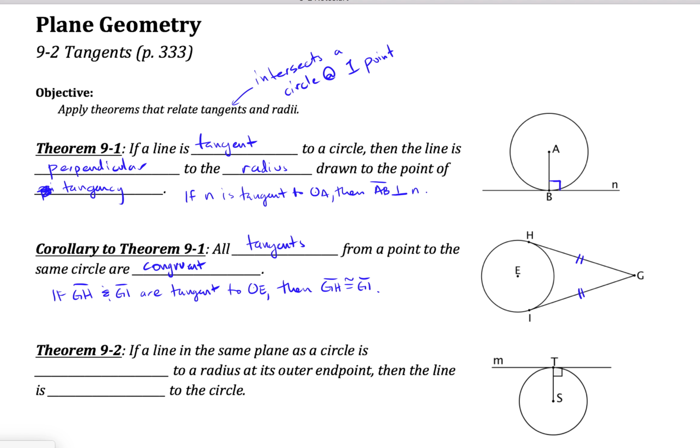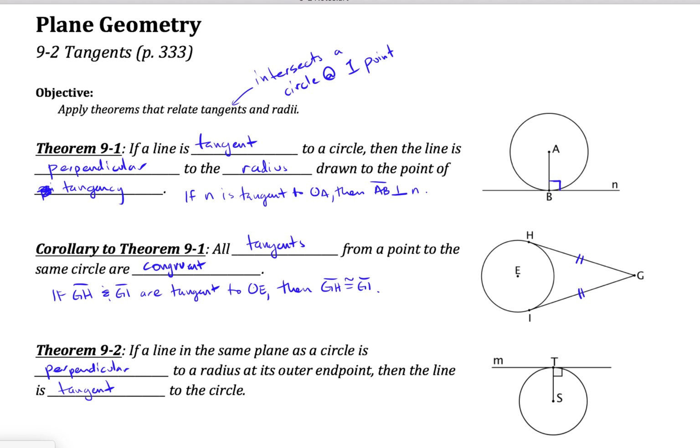Our next theorem says that if a line in the same plane as a circle is perpendicular to a radius at its outer endpoint, so in other words, we have line M right here that is perpendicular to segment ST, which is a radius of the circle, then the line is tangent to the circle.